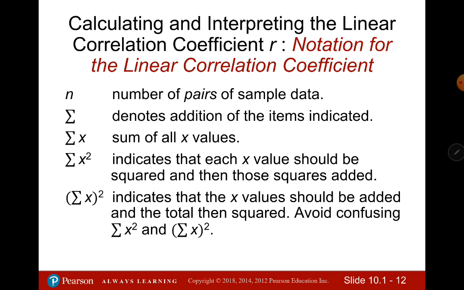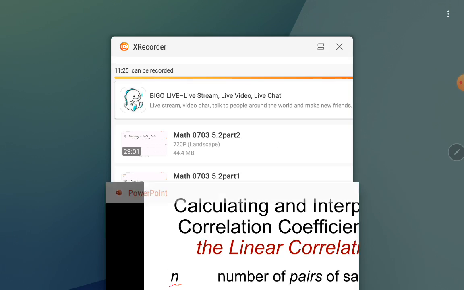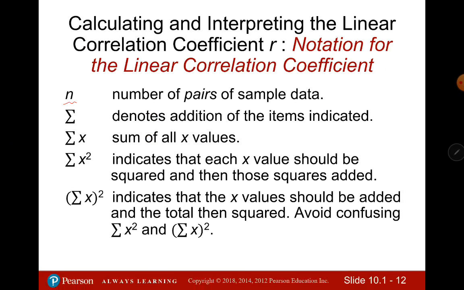Here, the number n is the number of pairs of sample data. For example, I have 10 observations in the sample, so 1, 2, 3, 4 until 10, right?